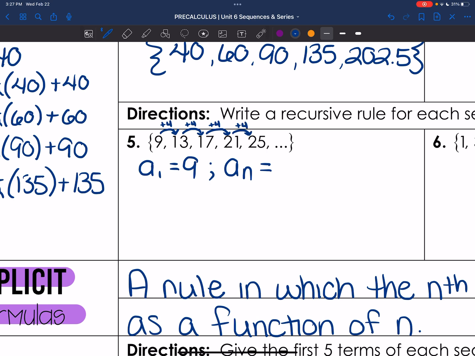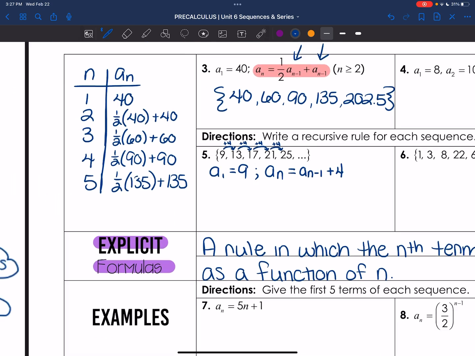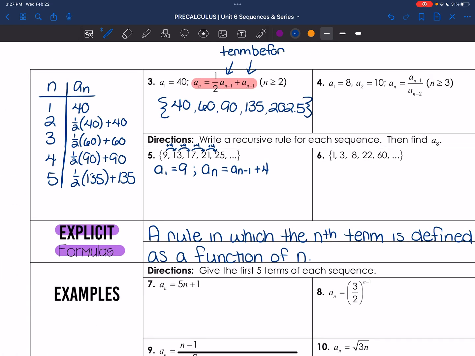So what does that mean? I take my previous term, which is a_{n-1}, and add 4 to it. I simply add 4 to it. And I do need to specify that that means that our n has to begin at 2. Just to clarify why is that?